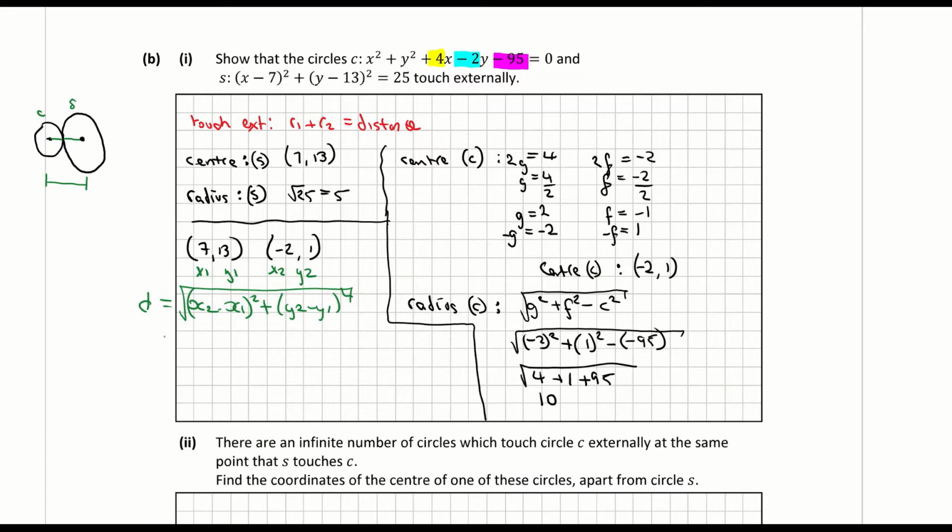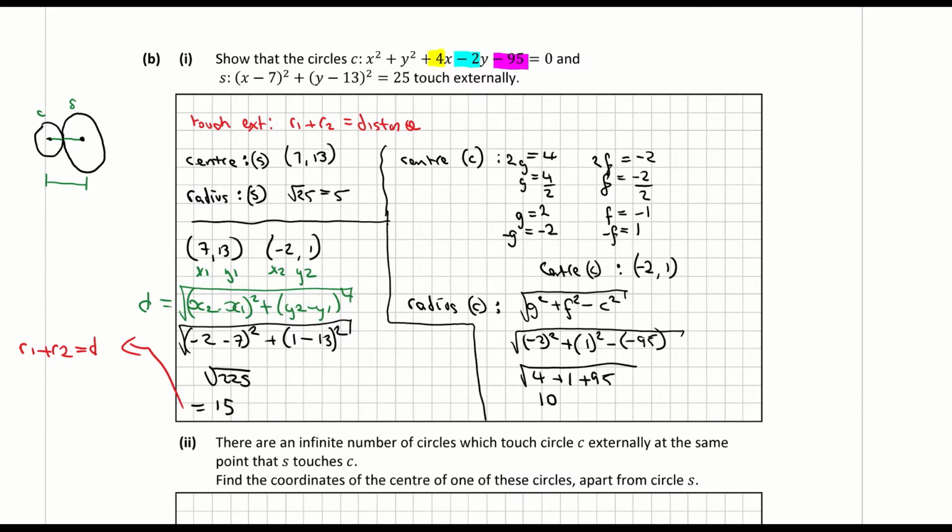And putting in my values, I have -2 minus 7 all squared plus y2, which is 1 minus 13 all squared. Running out of space here, so let's see what that gives us. That gives us the square root of 225, which is a distance of 15 units. So if we come back to the top here, how do we prove that they touch externally? It's r1 plus r2 is equal to the distance.